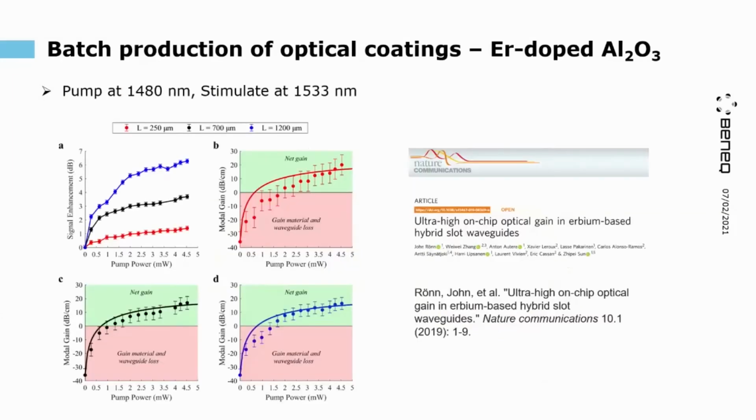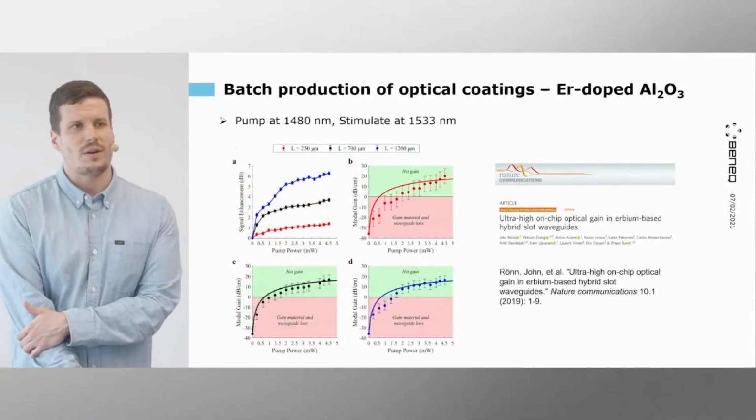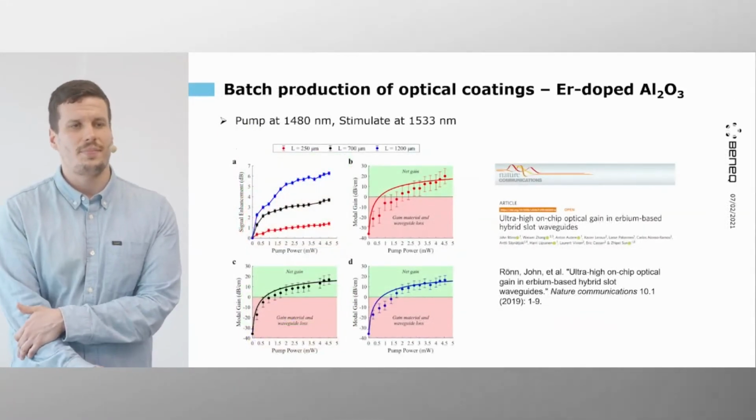And this is what we studied in one of my works. Basically, we studied waveguides with different lengths and showed that up to 20 dB or decibels per centimeter could be obtained with this optimal material, this erbium-doped aluminum oxide material. And this work has been published in Nature Communications, and you can find more information here.